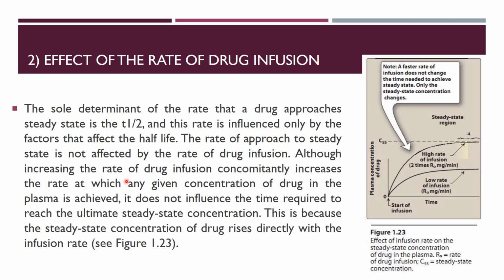Although increasing the rate of drug infusion concomitantly increases the rate at which any given concentration of drug in the plasma is achieved, it does not influence the time required to reach the ultimate steady state concentration. This is because the steady state concentration of drug rises directly with the infusion rate. See figure 1.23.